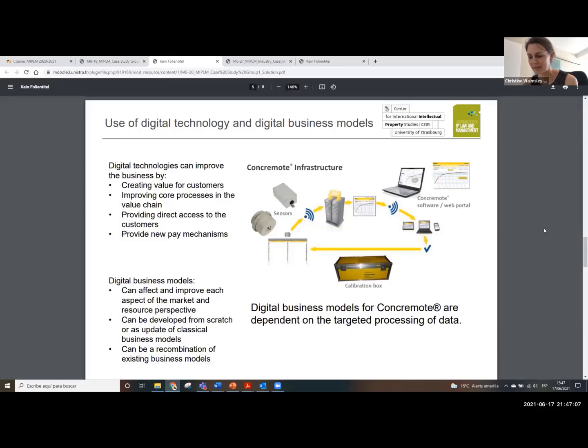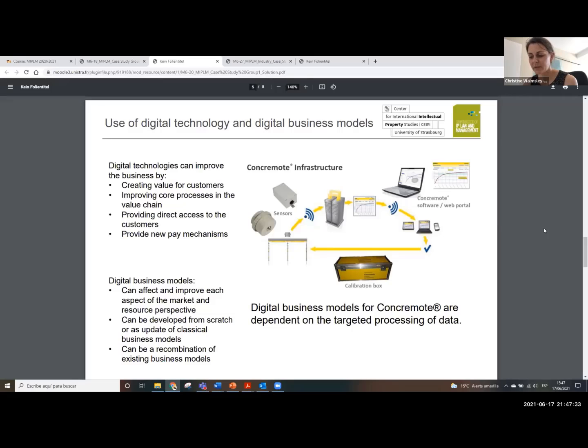They improve core processes in the value chain. So in other words, data can be used to speed up traditional processes. They provide direct access to customers, and that is very valuable because you can engage directly. They also provide new pay mechanisms. And as we all know, this is what it's all about, appropriation.